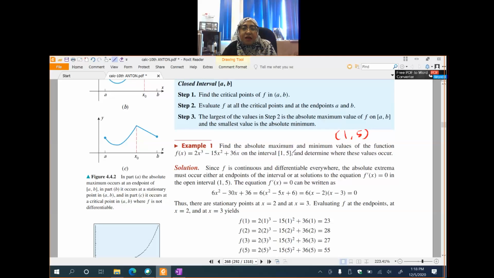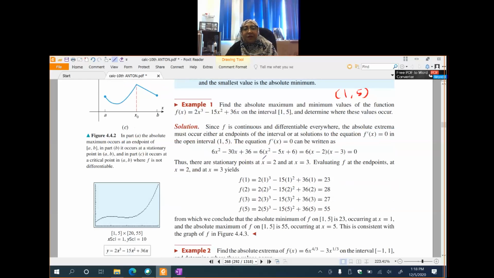If it does include 5 and 1, we have to write the square bracket instead of the round bracket. Find the absolute maximum. If it also includes the endpoints like this one, we have to check the value of f at the endpoints, instead of just checking for the stationary points, which is when f prime is equal to 0.